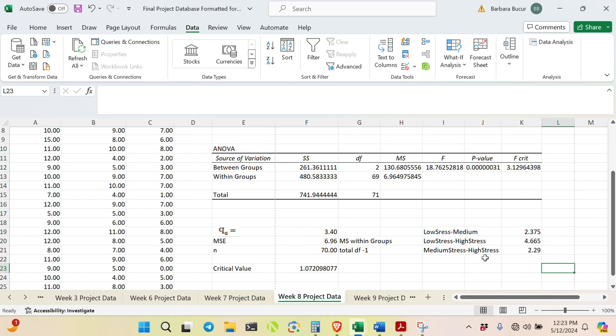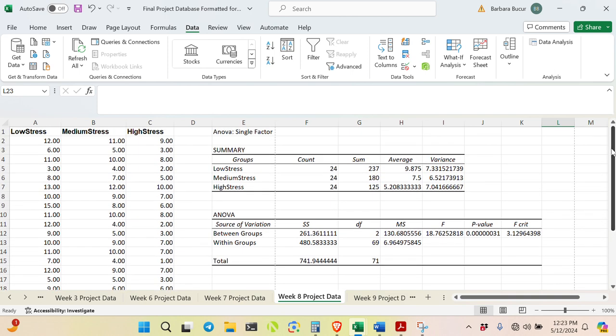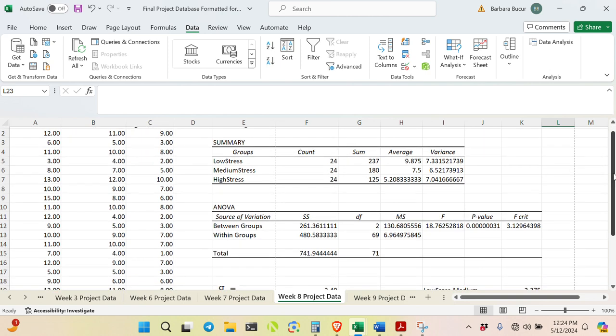And so remember that the dependent variables, we're not saying low stress is higher than medium stress. These are the conditions where the people were put under low stress, medium stress, or high stress, and this is their recall score. So what this means, if you look at it, is that people did better on the recall test, so the participants, when they were in the low stress condition.